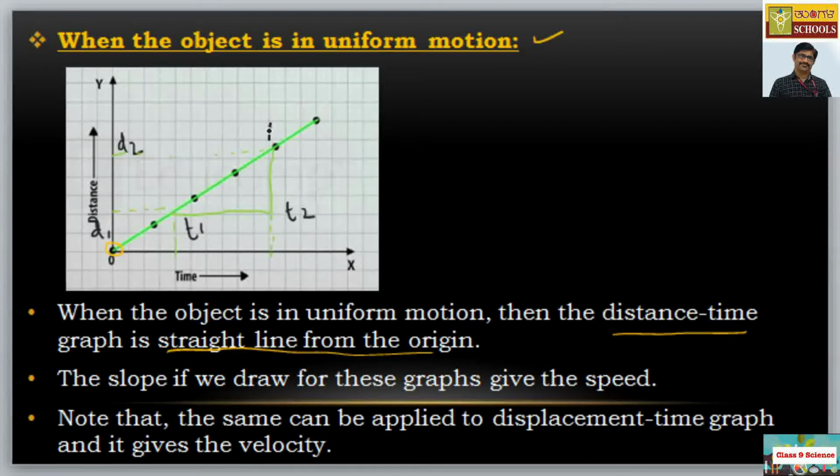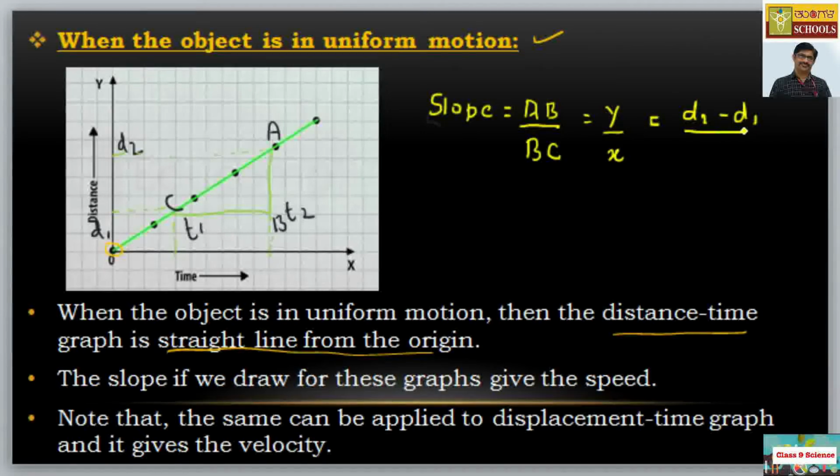If you say this point as A, this point as B and this point as C, the slope gives you the speed, which is equal to the line AB on the y-axis divided by BC on the x-axis, and hence y by x, which is equal to D2 minus D1 divided by T2 minus T1.